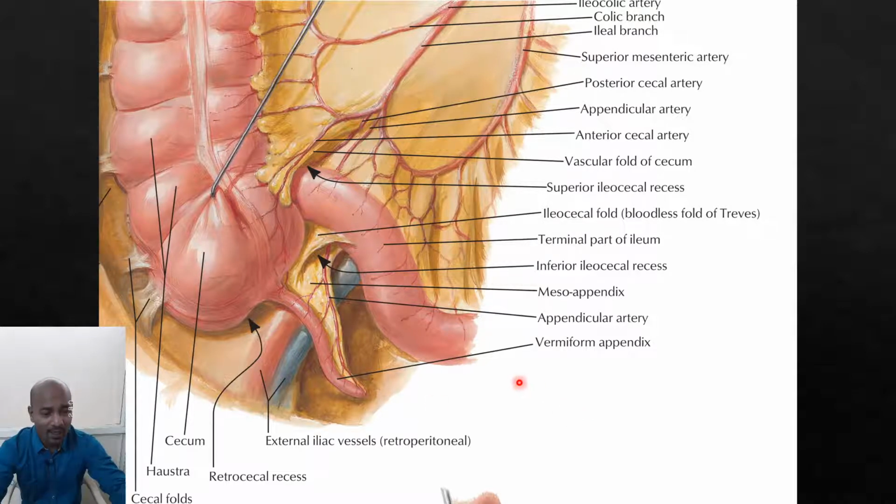This fold of peritoneum, the mesoappendix, contains a variable amount of fat, and it also contains the nerves and vessels. It usually ends slightly before the actual tip of the appendix.